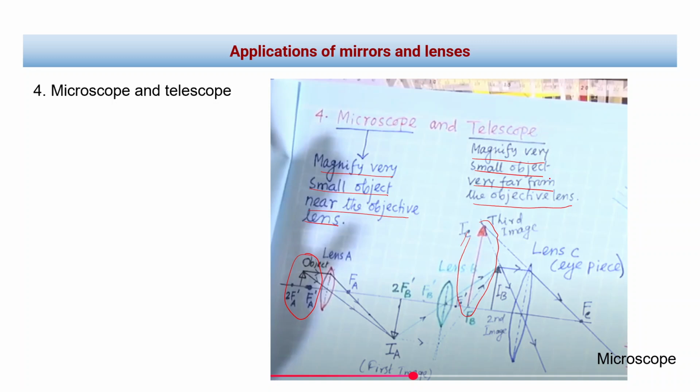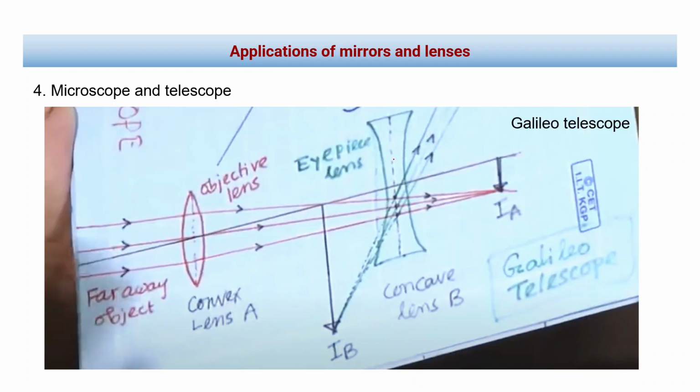The telescope is kind of similar, but here we see objects outside the earth, so they are very far from us. For this we use something called the Galilean telescope, which is a simple setup of a telescope. Here we are using a combination of a convex lens and a concave lens. Why are we showing parallel rays? Because the rays are coming from a very far away object, so they are almost parallel, and they fall on this convex lens.